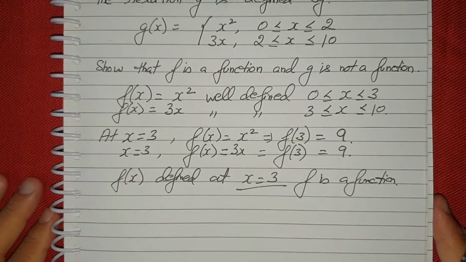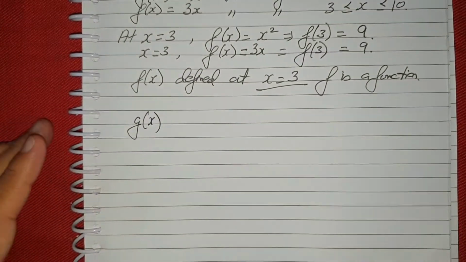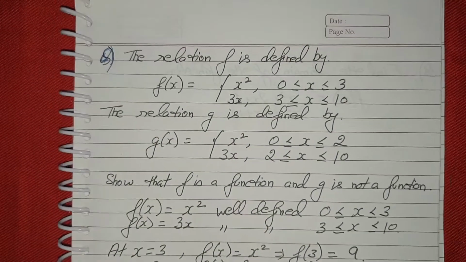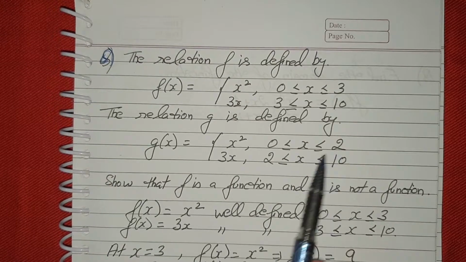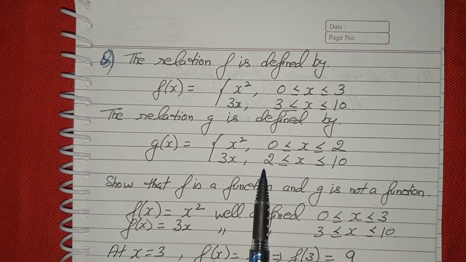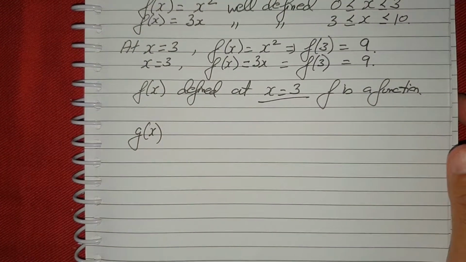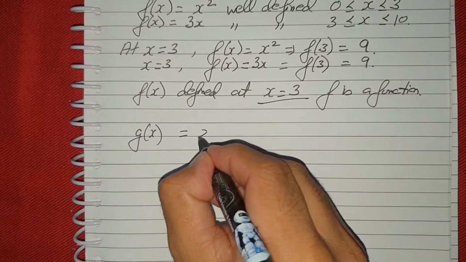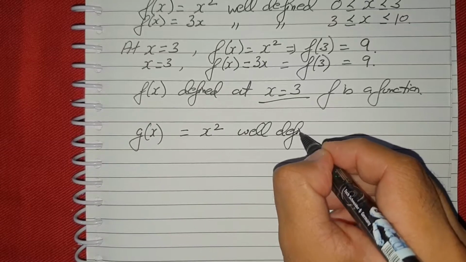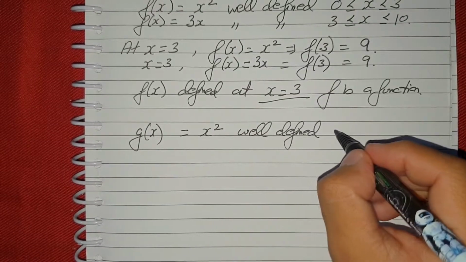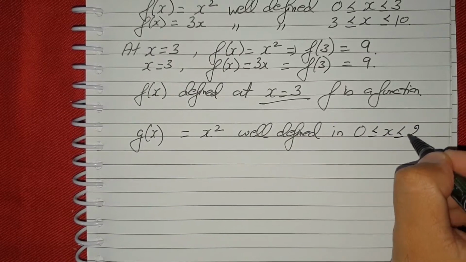Now the b part, let's take g(x). See the question again. g(x) was equal to x square when it lies between 0 to 2, and equal to 3x when it lies between 2 to 10. So let's again write it over here. g(x) equals x square is well defined in 0 less than or equal to x less than or equal to 2.